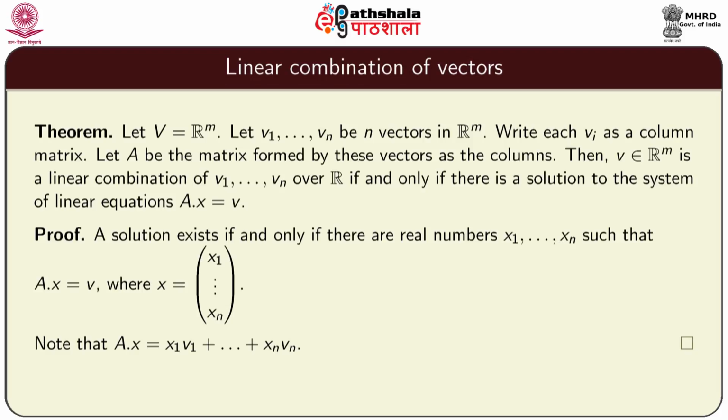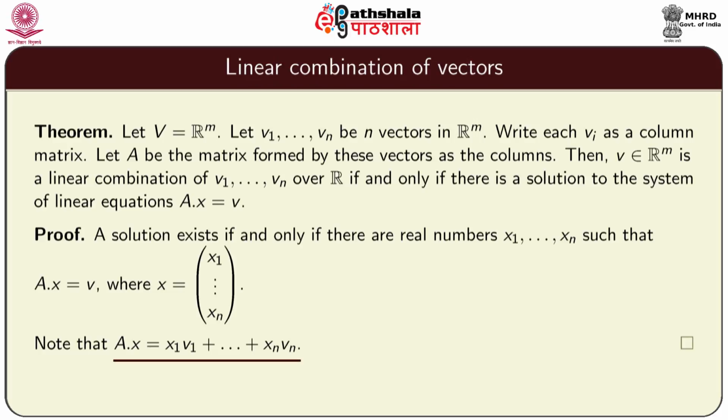Well, it is easy to see if we just rewrite A x. A solution exists to the system of equations A x equal to V if and only if there are real numbers x1, x2, ..., xn such that A x is equal to V, where x is nothing but the column matrix x1, x2, ..., xn.